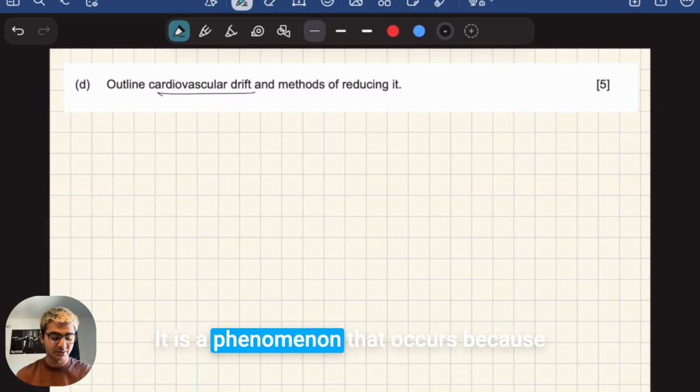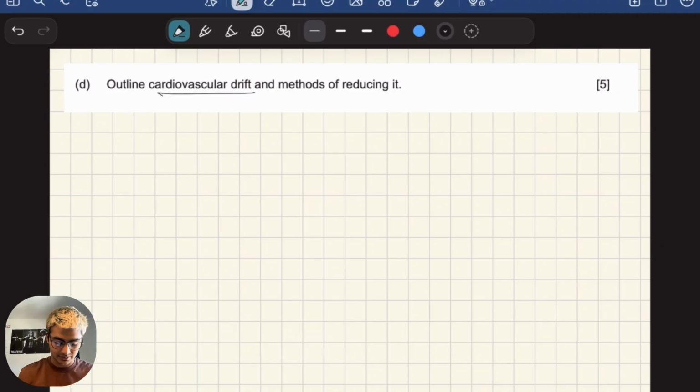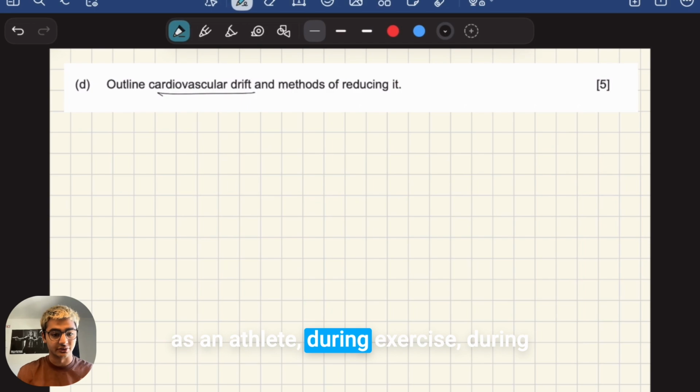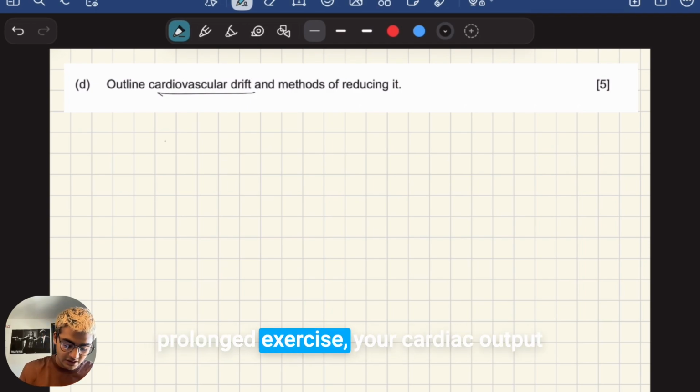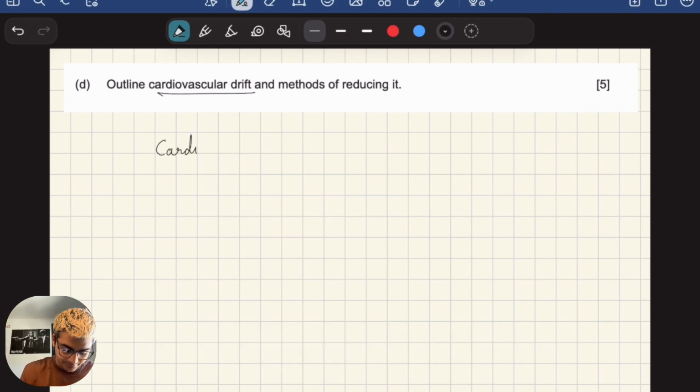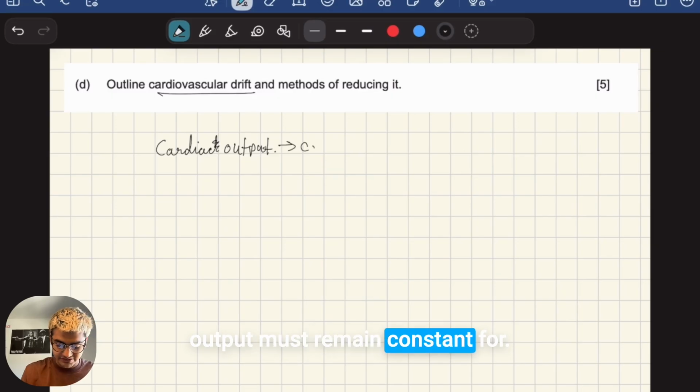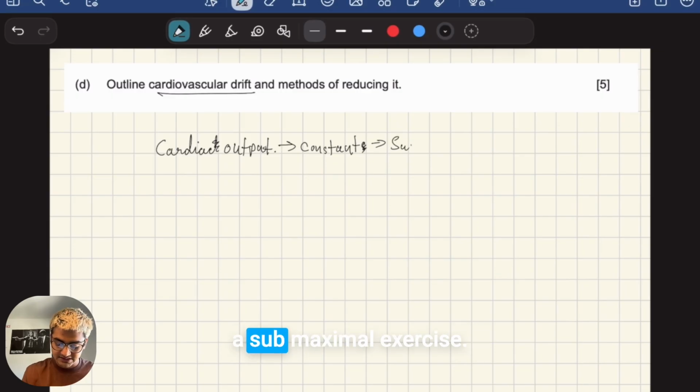It is a phenomenon that occurs because as an athlete during prolonged exercise, your cardiac output must remain constant for a steady state exercise or a submaximal exercise.